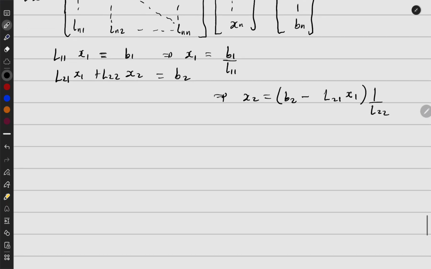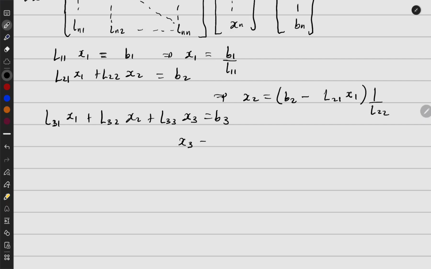So what do I get? So that is X2. We can also try out X3, which is L31 X1 plus L32 X2 plus L33 X3, and this is B3.